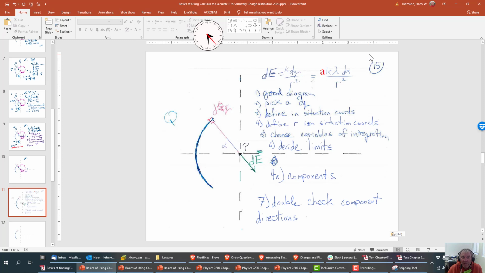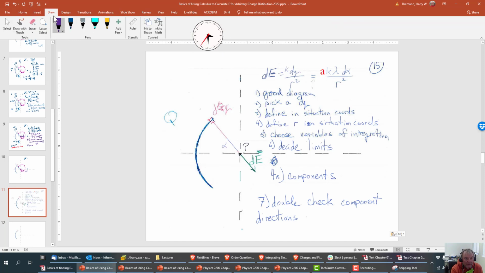And so let's go through it. A good diagram. Define a dq somehow, because the idea overall, remember, is that we want to use the E of a point charge, because we want to exploit the fact that when we integrate, the dx, the d alpha, the dq, is a limit as this would go to 0.